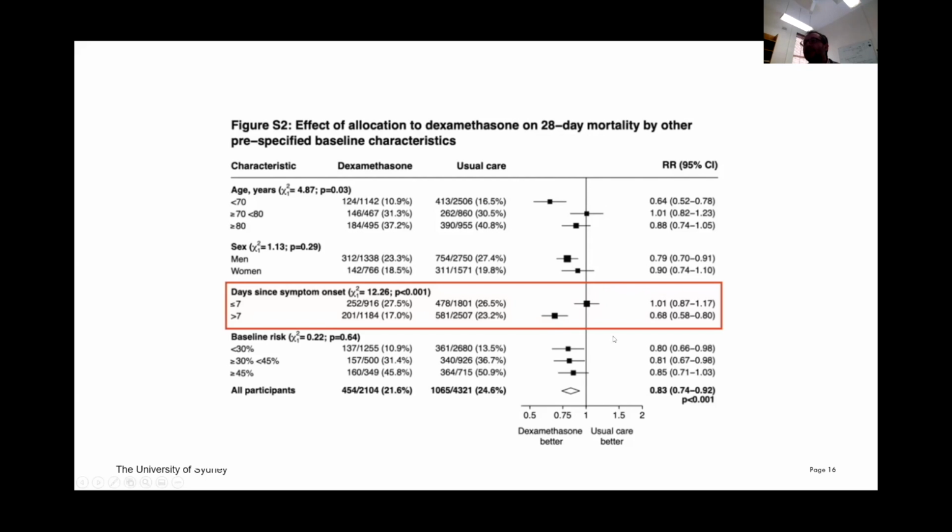This is a forest plot where anything on the left-hand side is suggestive of a positive effect. Anything in the middle or on the right-hand side is suggestive of either no effect or potentially a harmful effect. So really the question going forward is not whether dexamethasone is beneficial or not, but in whom is it beneficial?